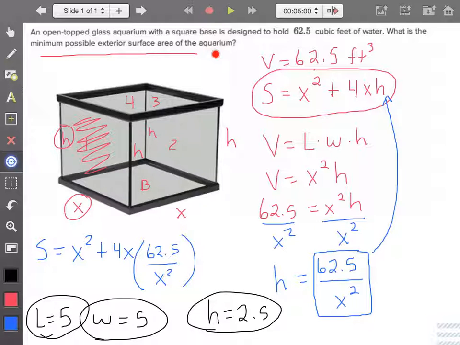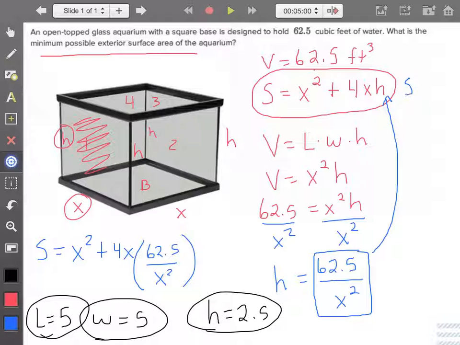So we need to tell what the surface area is. So what I'm going to do is take 5 and plug it in for x here. And I'm going to take 5 and plug it in for x here. And in this h, I'm going to plug what? 2.5. And so you've got 25 plus 4 times 5 times 2.5, which I think is 75.